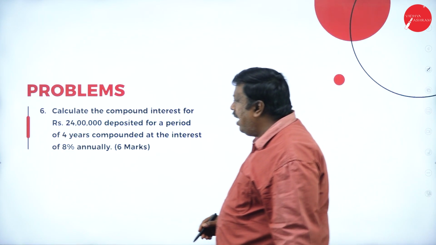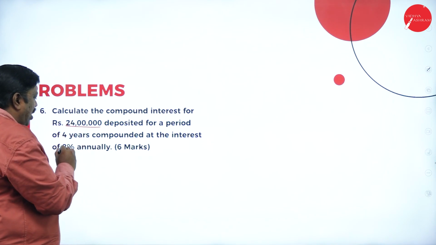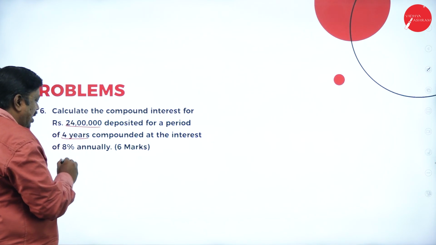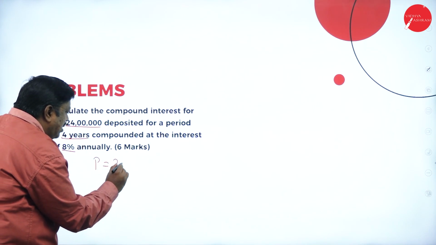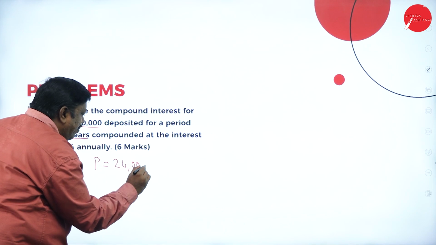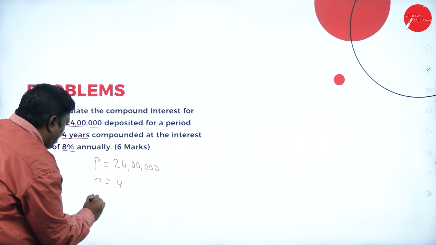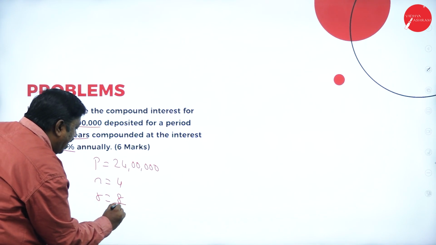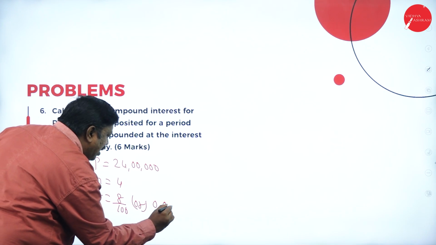The next one we have here, the sixth problem. The amount we are depositing is 24 lakh, the period is 4 years and the rate is 8%. So principal amount is 24 lakhs. Period will be 4 years. R will be 8 by 100 or 0.08.